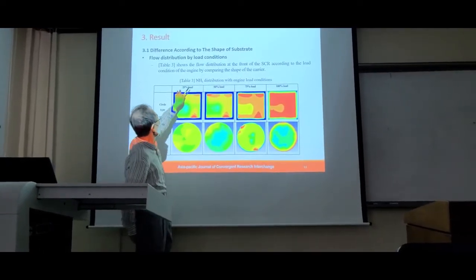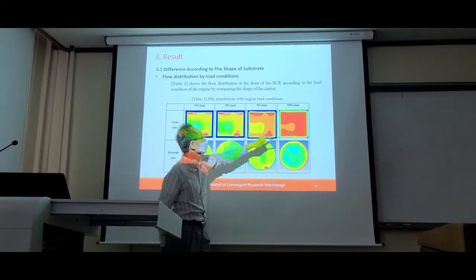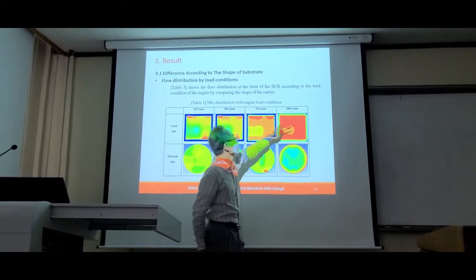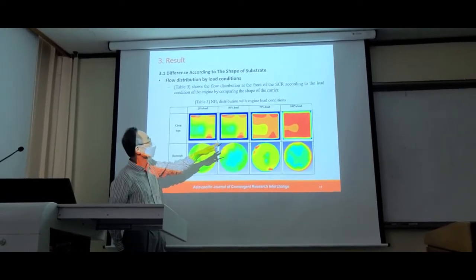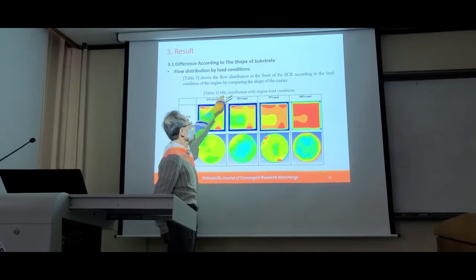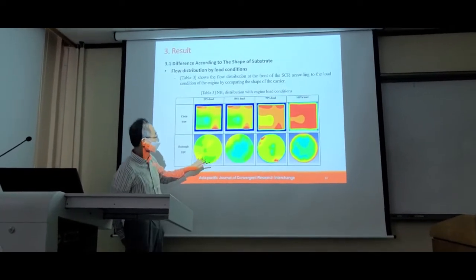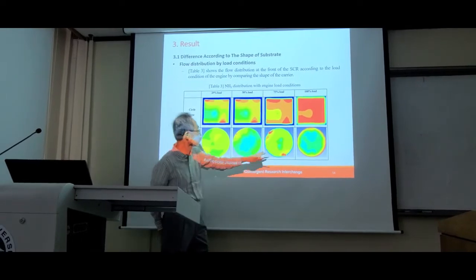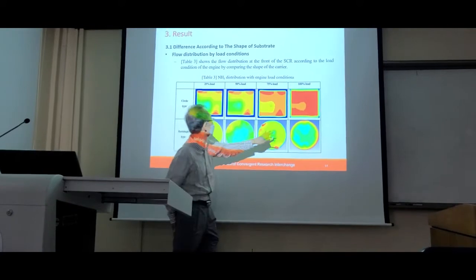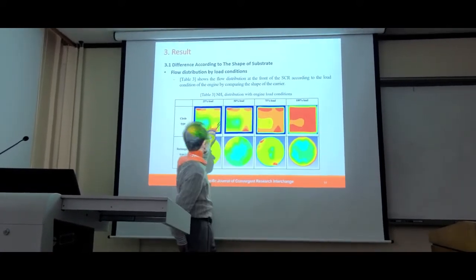Look at this one, the 25 load and the 100 load have different colors. This one is much thinner, the thicker one has more ammonia distribution. But look at this one, it has not grown, while this one is much thicker than this.